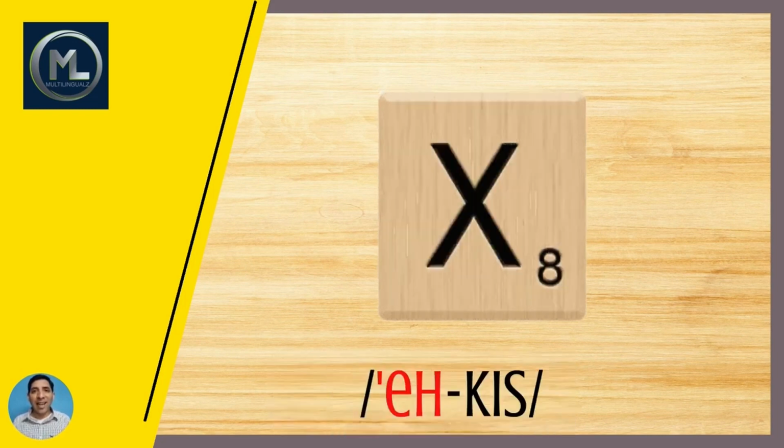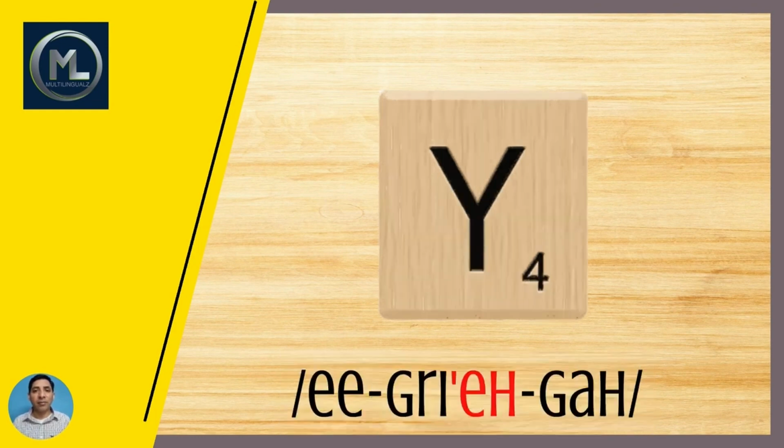This one is called "equis". There are only a few words in Spanish that take this letter X. Then we have the Y, "i griega", which literally means Greek I. In spelling, when we read this word, it sounds the same as the letter I. It sounds "i".